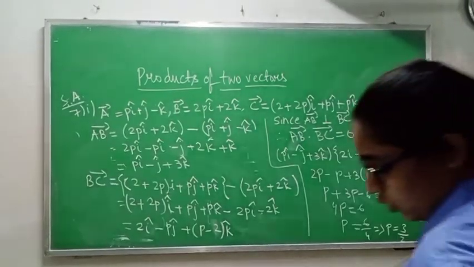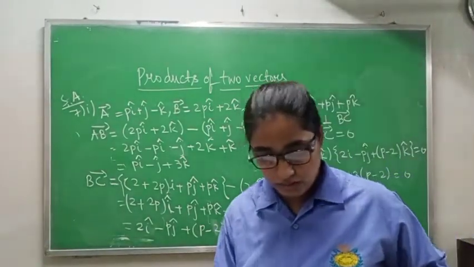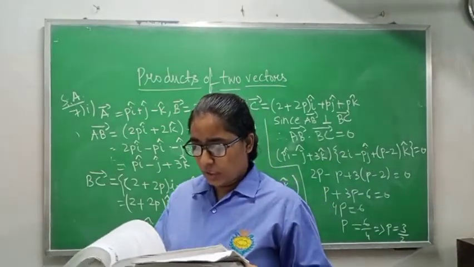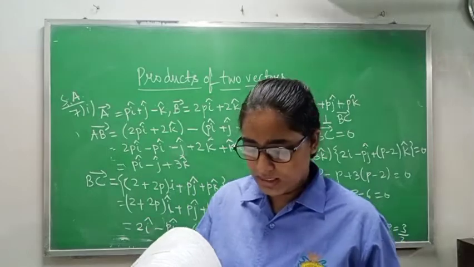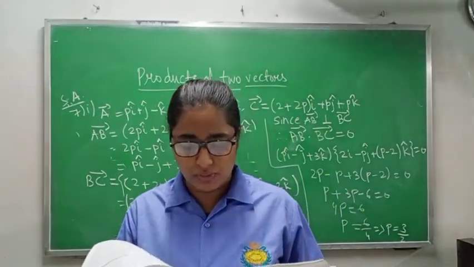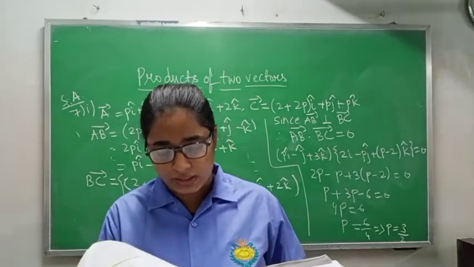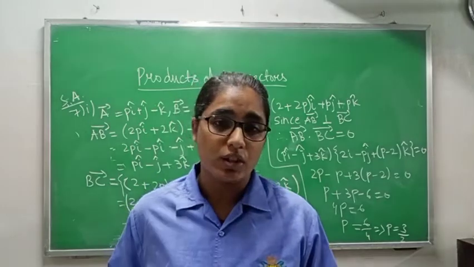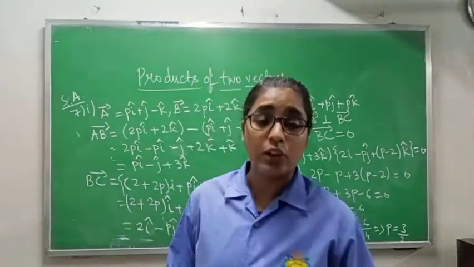Class 12, read short answer question number 7.1. If A(p, 1, -1), B(2p, 0, 2) and C(2 + 2p, p, p) are 3 points, find the value of p so that the vectors AB and BC are perpendicular to each other. Okay, we have to find the value of p.